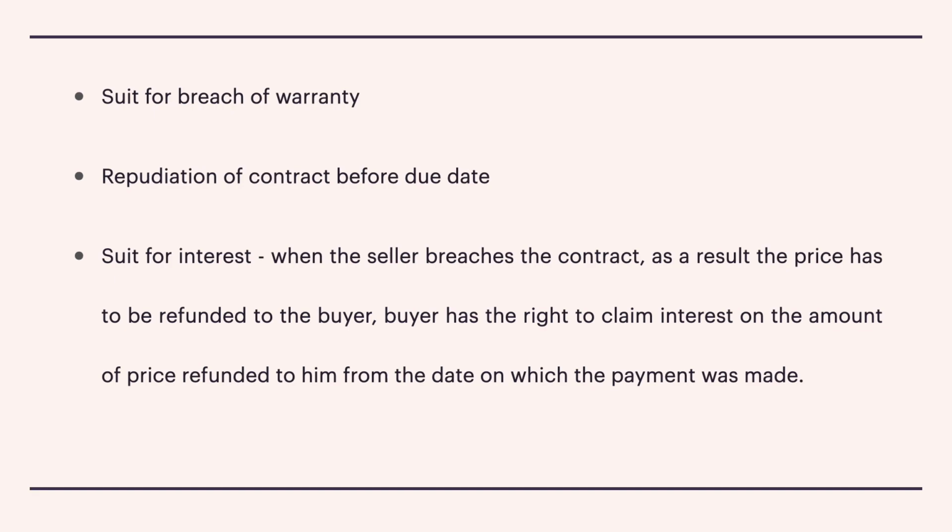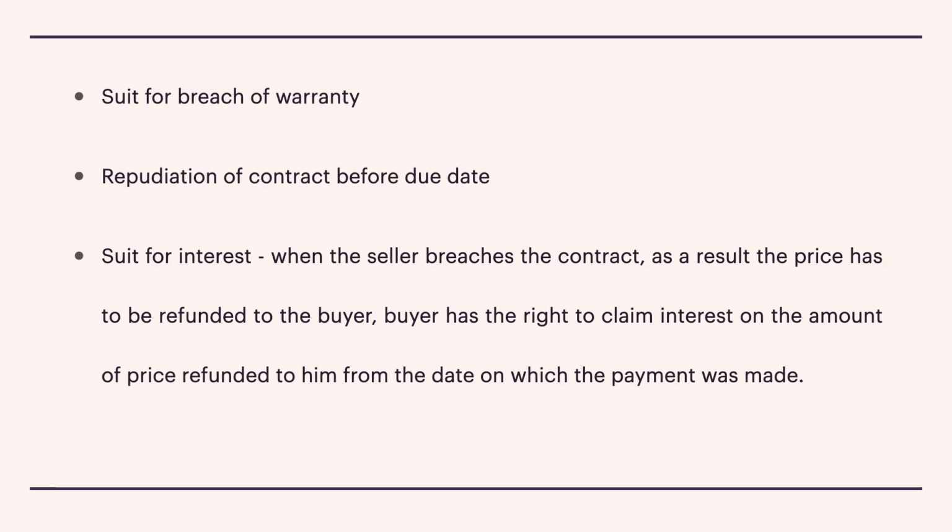Because the buyer has already paid the consideration for the commodity. Now, if the seller is not willing to sell his product or commodity, what does the seller do? The seller has to refund the amount of consideration back to the buyer. So, the buyer in this case has the right to what? Claim interest on the amount of price refunded to him from the date on which the payment was made.